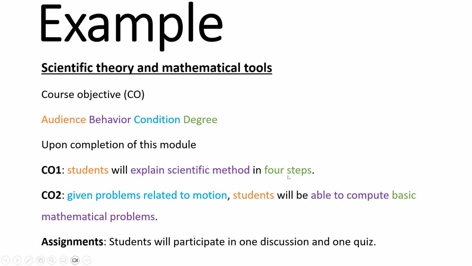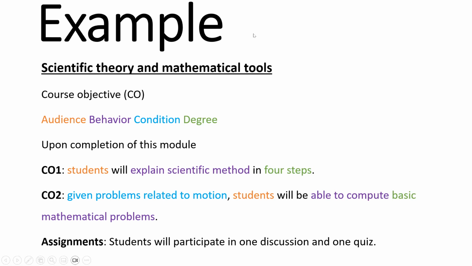So what kind of assignments are you providing to test the outcomes? It might be different, but in this case, I will assess these outcomes from one discussion on this topic and one quiz. I hope you understand much better.